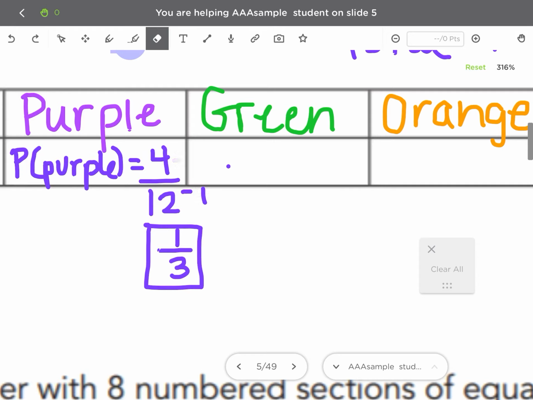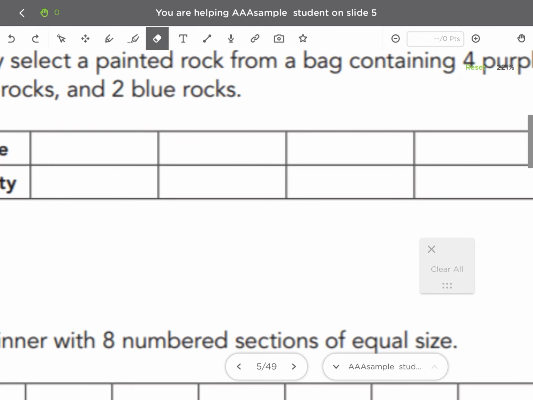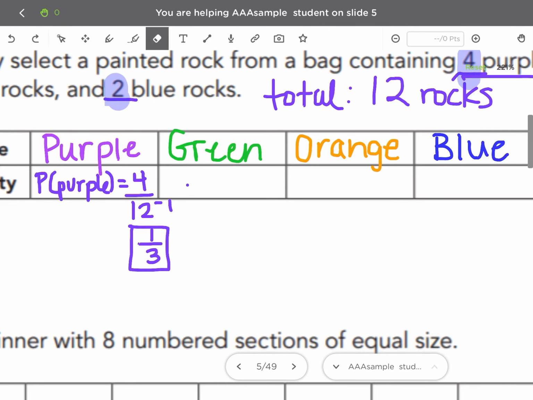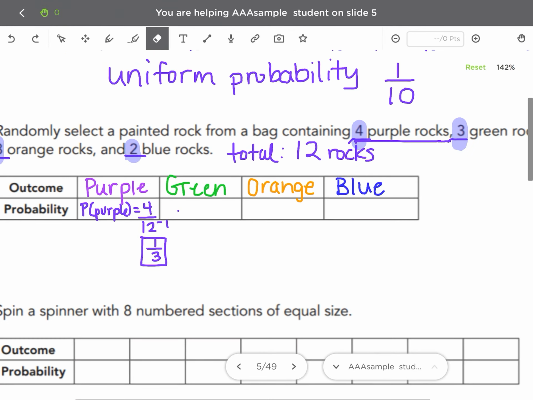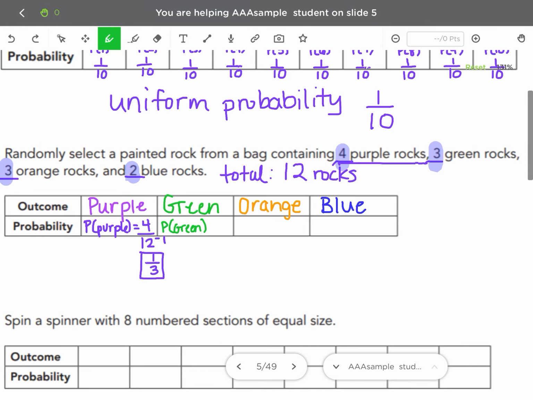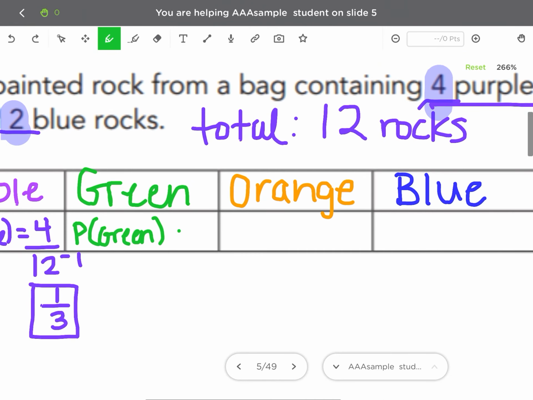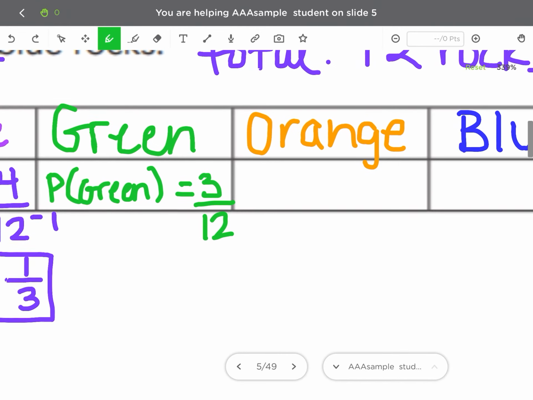So that was the probability of a purple rock. If we keep going with green, oh no, I didn't want to do that. Go back. Okay, probability of green is 3 green rocks out of our 12 total.